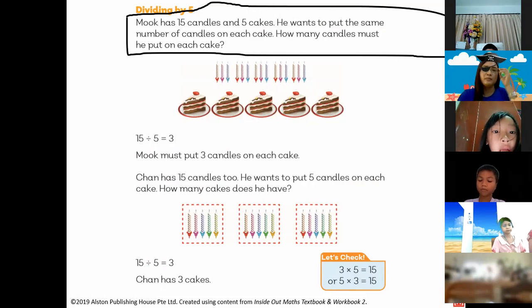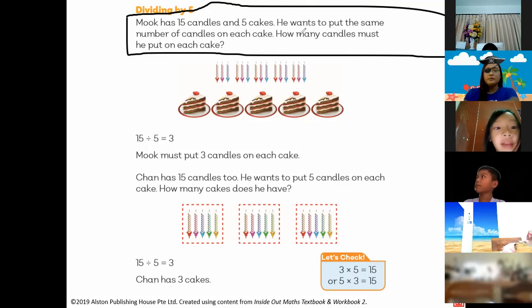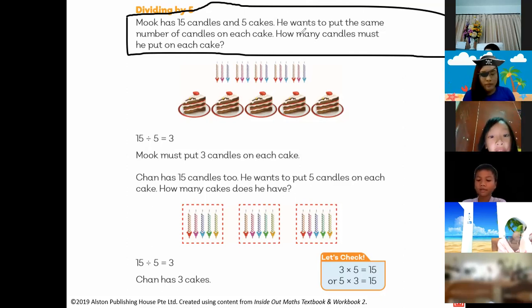Mook has 50 candles and 5 cakes. He wants to put the same number of candles on each cake. How many candles must he put on each cake?